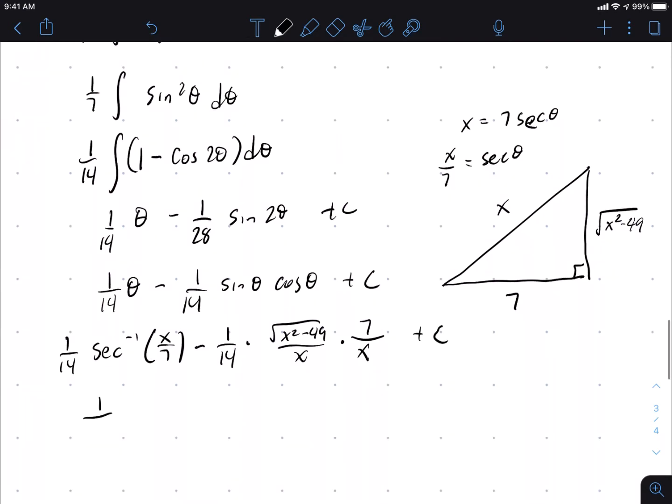So when we clean this up, it should be 1/14 secant inverse of x over 7 minus 1/2. Actually, I'll clean it up and write it as one whole thing.